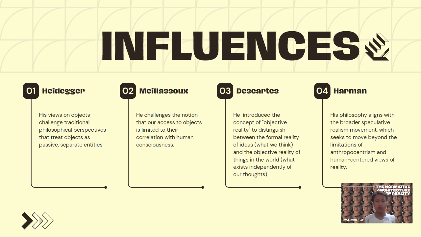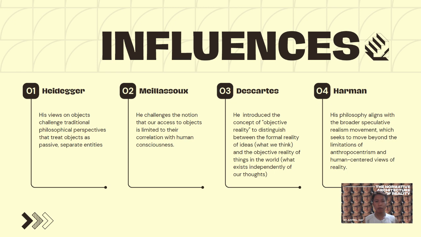Meillassoux challenges the notion that our access to objects is limited to their correlation with human consciousness. He proposes a speculative and realist perspective in which objects, their properties, and their relationships are considered to have an existence and contingency independent of human subjectivity. The third influence is Descartes.